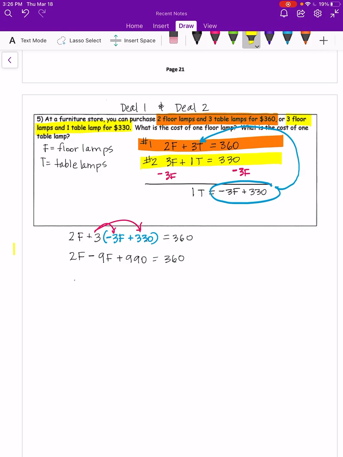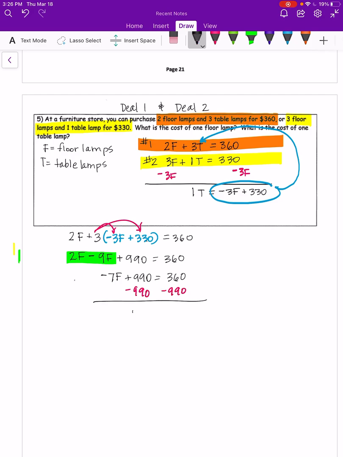Now let me pick up a different color here. You're going to collect your terms. So 2F minus 9F, which would be negative 7F, plus 990 equals 360. Now I'm going to subtract 990 and subtract 990.